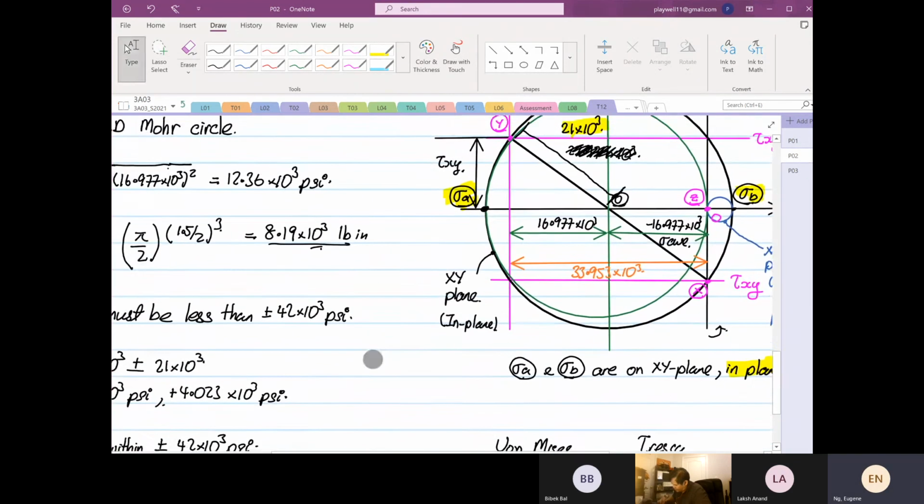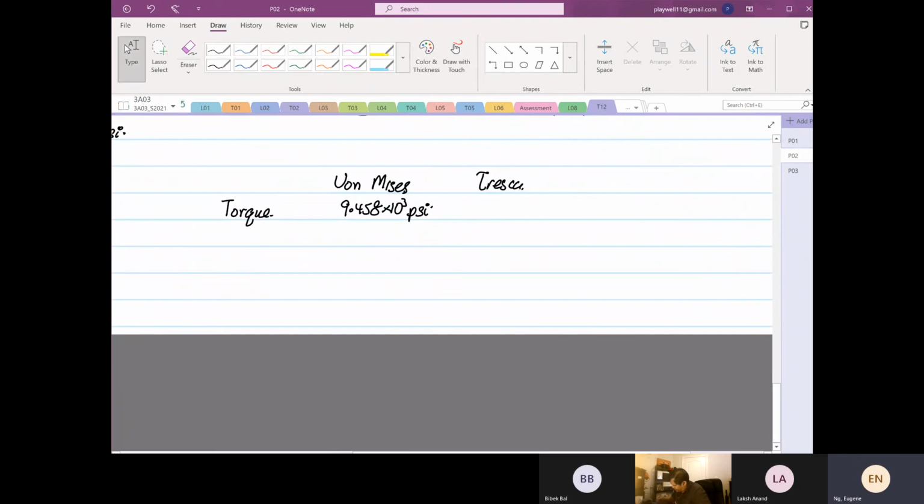When we apply Tresca, we get 8.19 pound inch. Okay. So what you see is Tresca is more conservative.